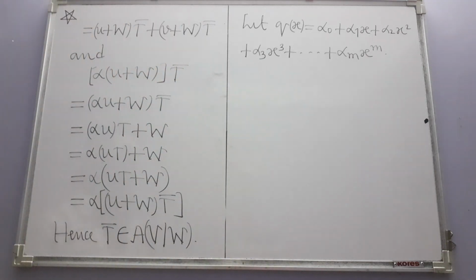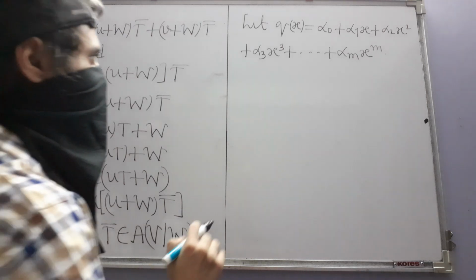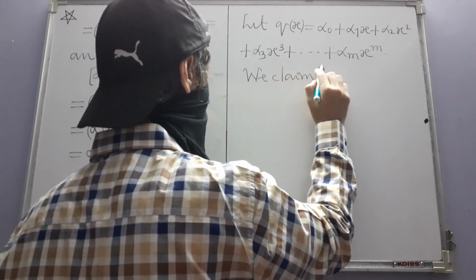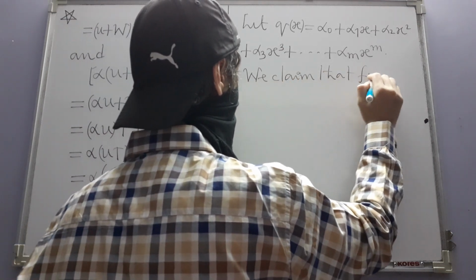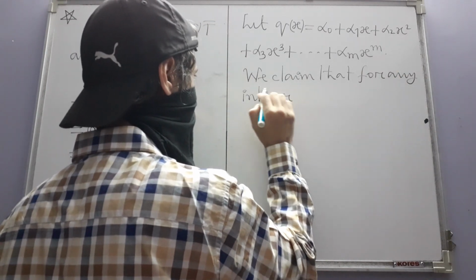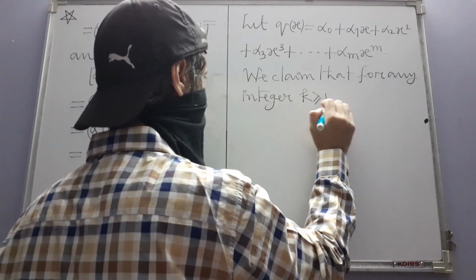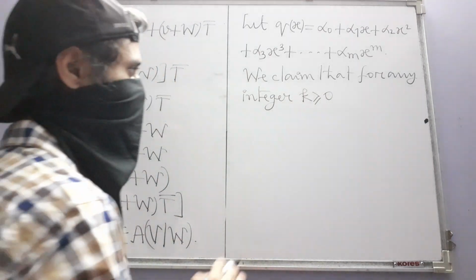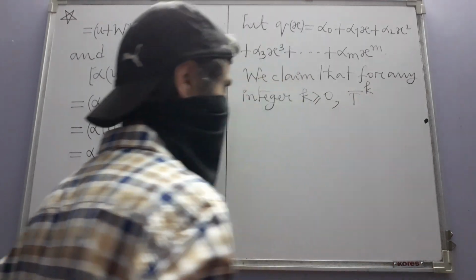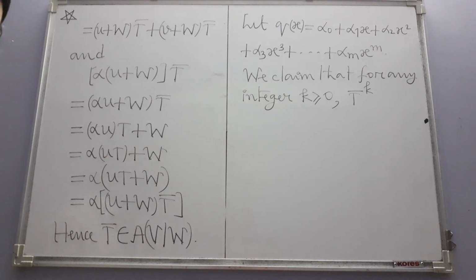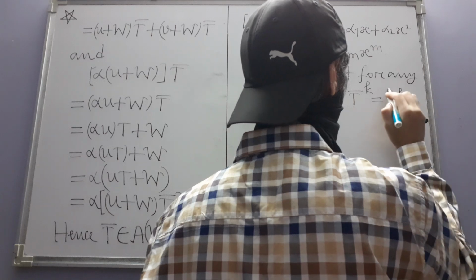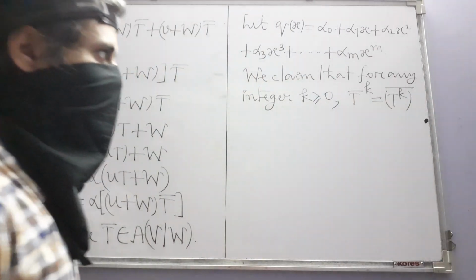Now, first of all, we are going to make a claim. We claim that for any integer k greater than or equal to 0, any non-negative integer k, the kth power of the operator T bar is equal to T to the power k, bar.